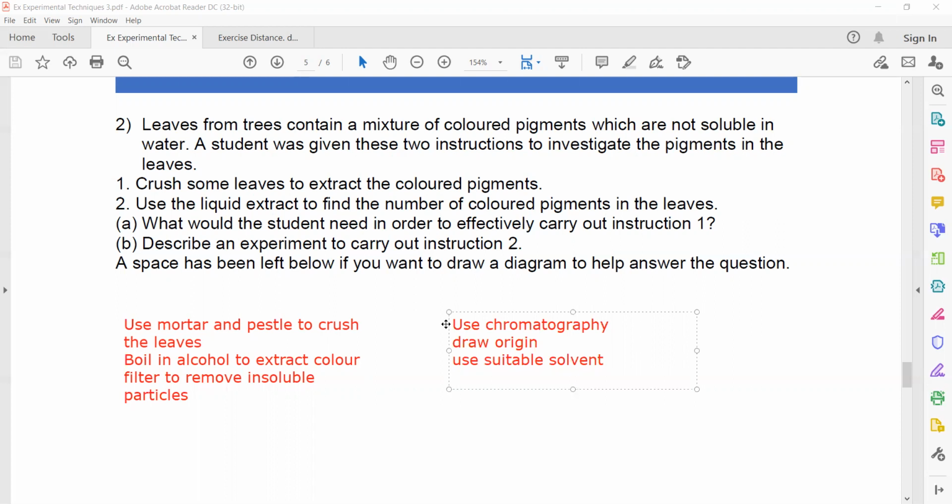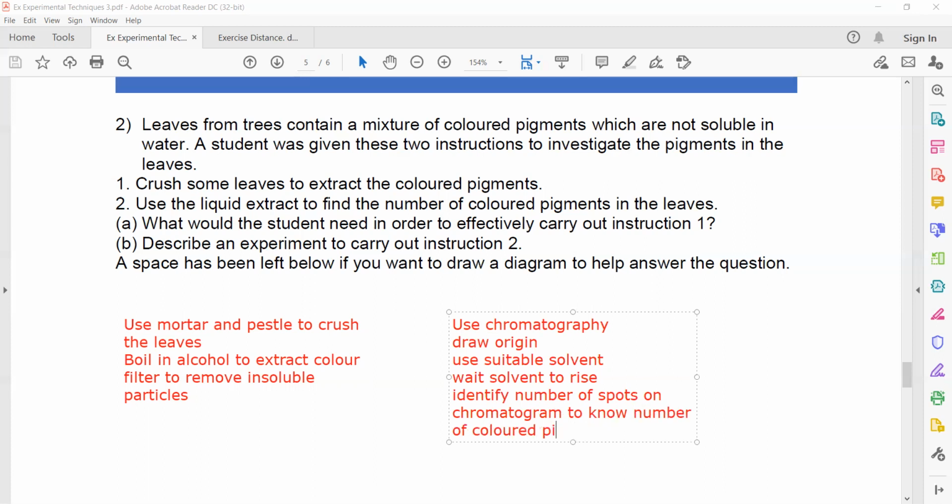Then wait for the solvent to rise, then identify the number of spots on the chromatogram to know the number of colored pigments in green leaves.